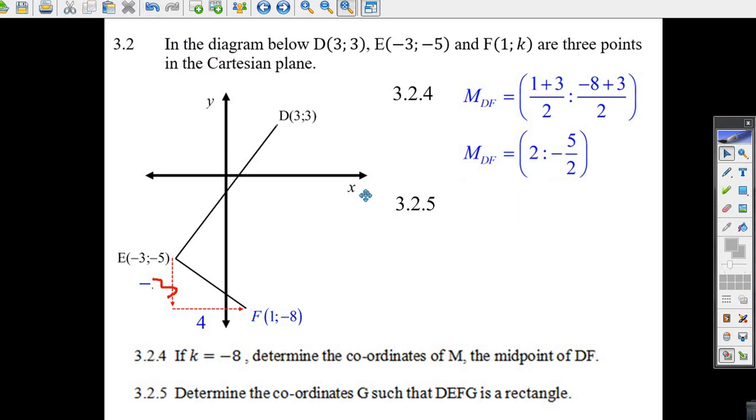We're trying to figure out this point here, we're calling G. And all we do is we're going to take this 3 and go 4 to the right. It is 7. That's the x-coordinate.